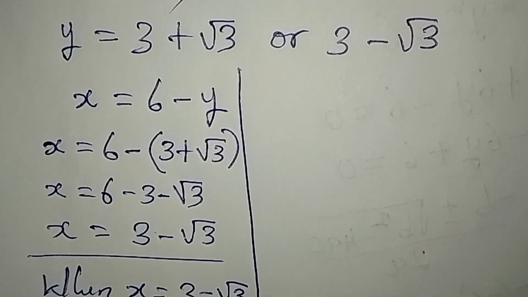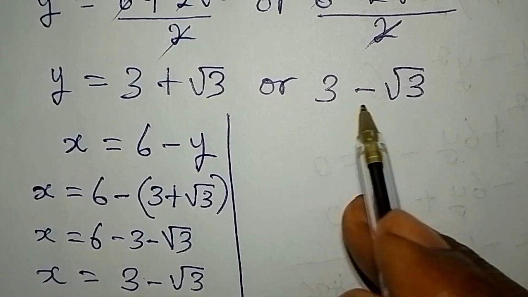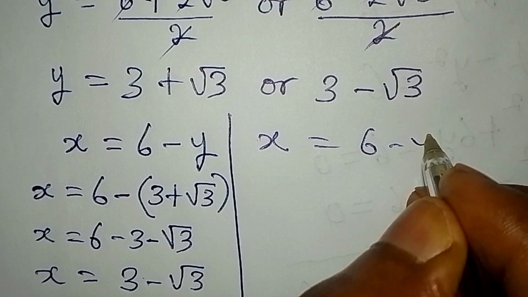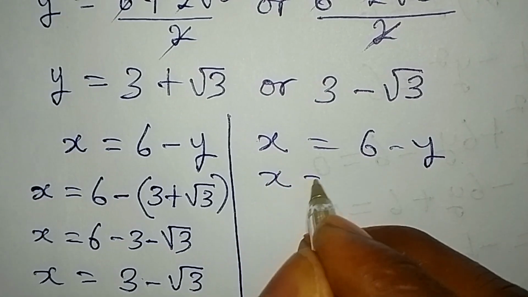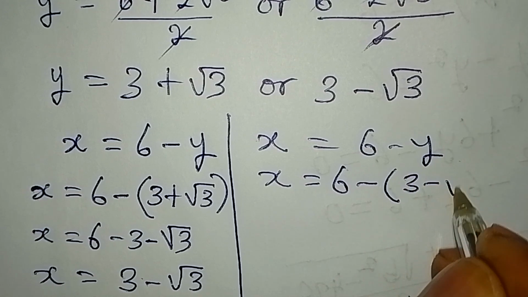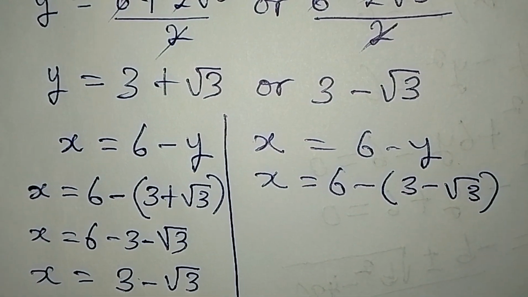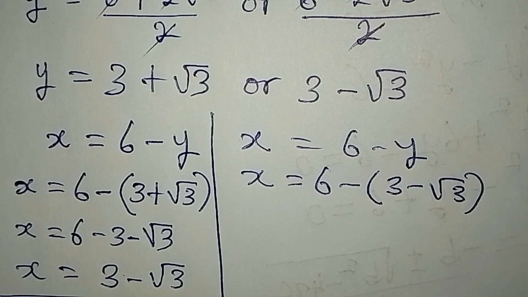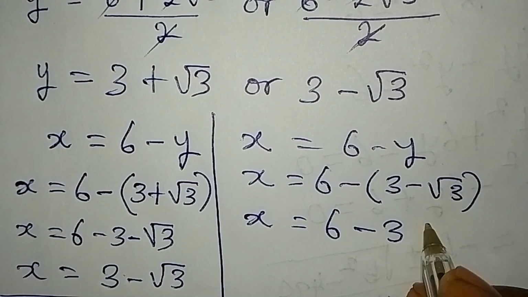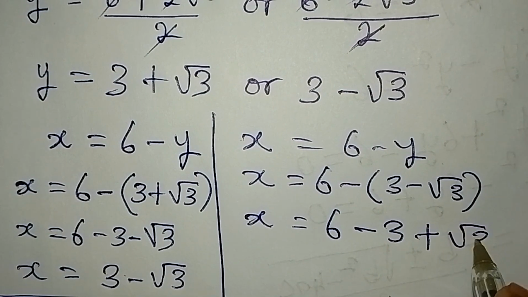Then, if you go back to this, when y is 3 minus root 3, our equation x equals 6 minus y becomes x equal to 6 minus, open bracket, 3 minus root 3, because y is now 3 minus root 3. And x will be equal to 6 minus 3 plus root 3.